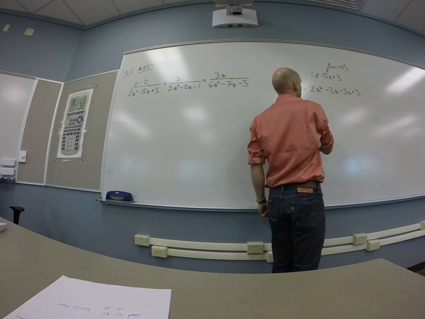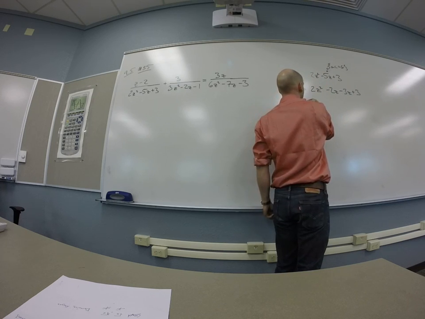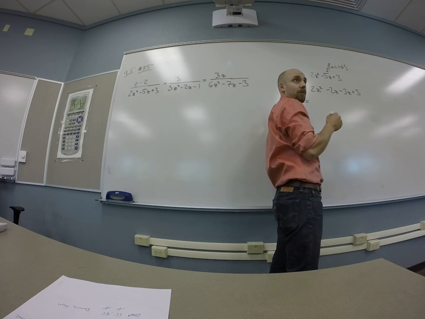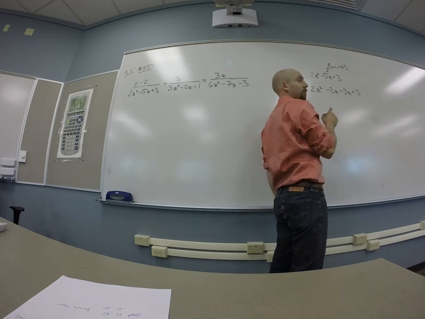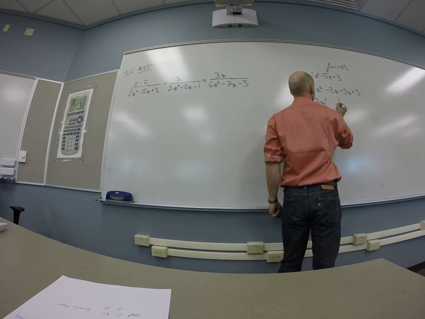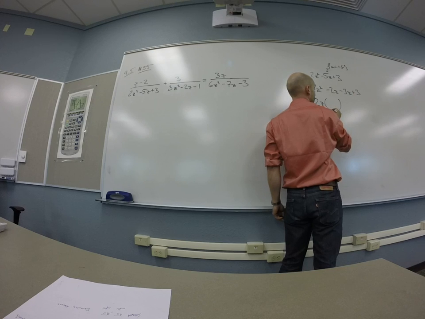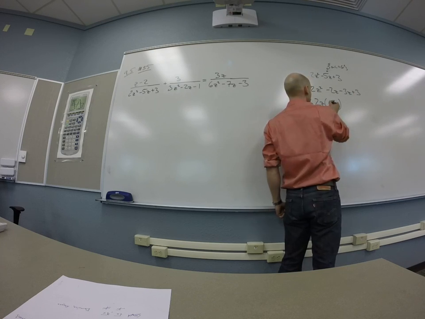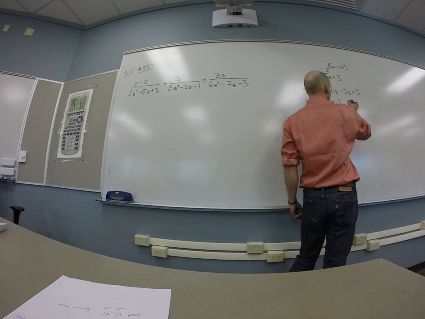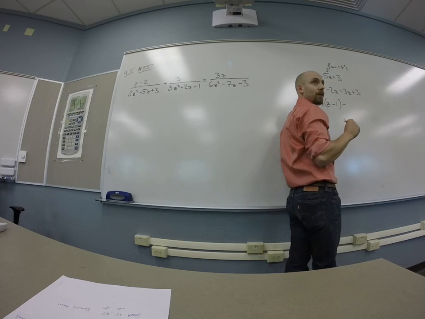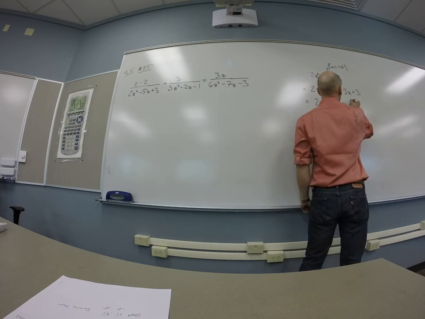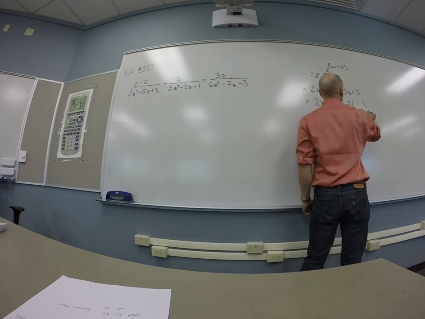Then I want to factor by grouping. So I factor out a what out of the first two? 2z. And I'm left with z minus 1. And then out of the other bit, I factor out a 3. What am I left with?